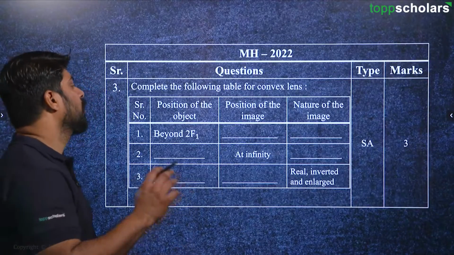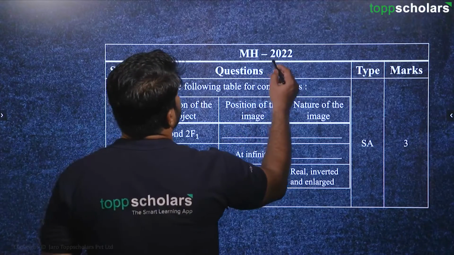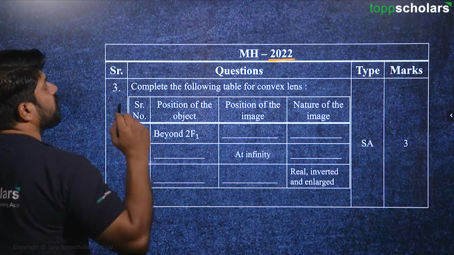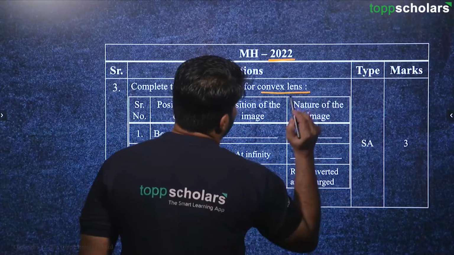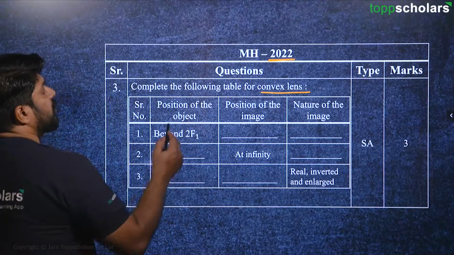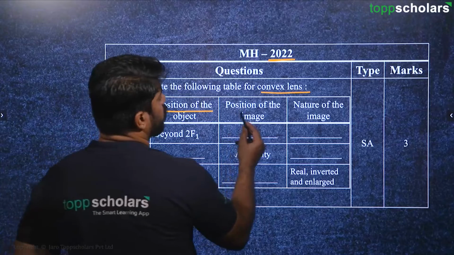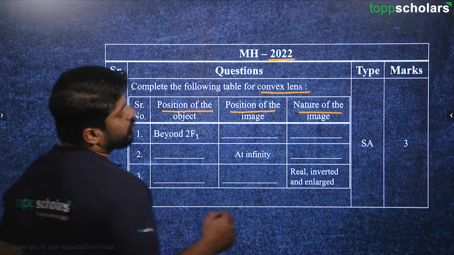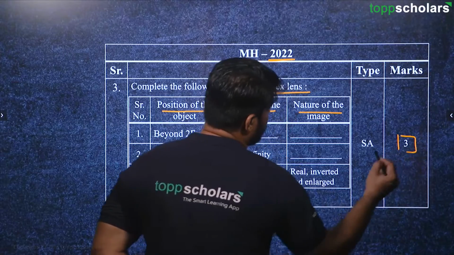Okay, moving on to the next question now. From the year 2022 again, complete the following table for convex lens. Here it is: position of the object, position of the image and nature of the image. This is for 3 marks, so it is very important.